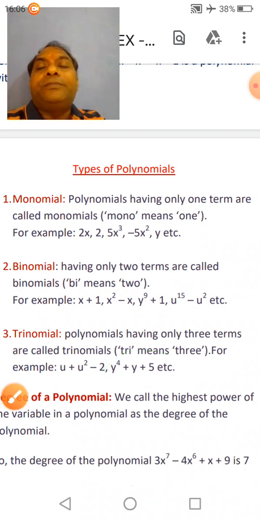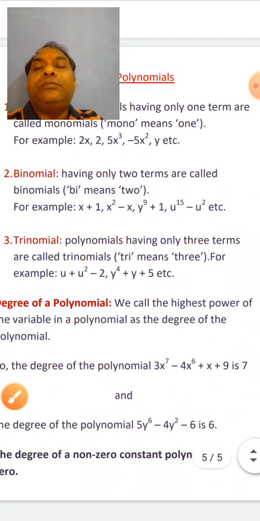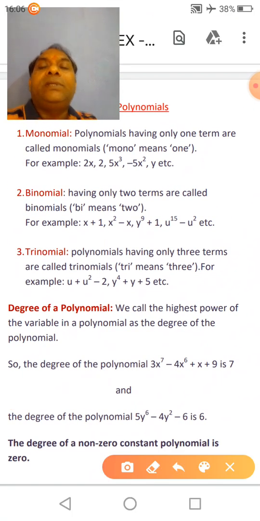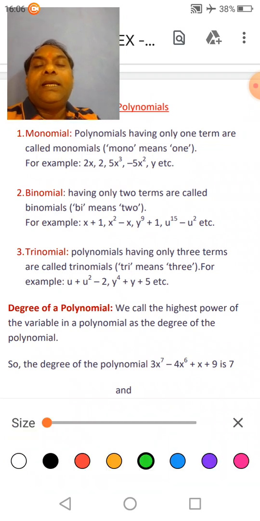Now, degree of a polynomial. We call the highest power of the variable in a polynomial the degree of the polynomial. Clear?